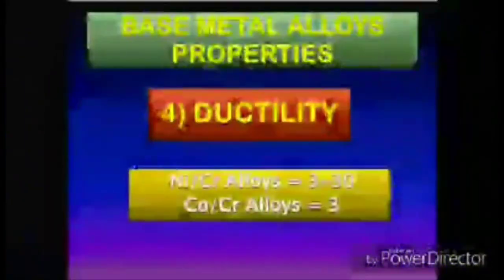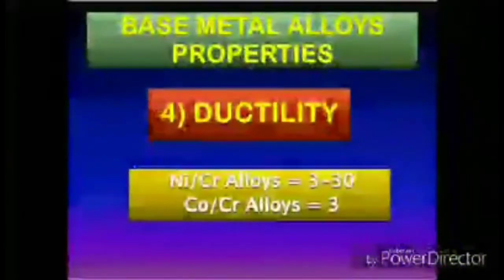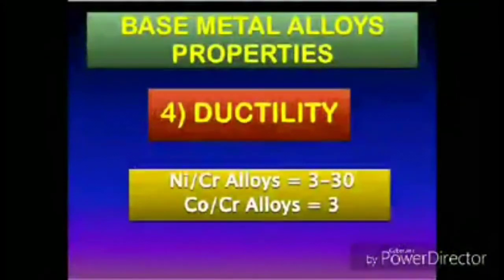Comparing the ductility of the base metal casting alloys, the higher range in case of nickel chromium casting alloys suggests that more forces can be applied while burnishing the nickel chromium casting alloy, whereas in case of cobalt chromium casting alloy, the alloy may fracture in cases where adjustments are required.